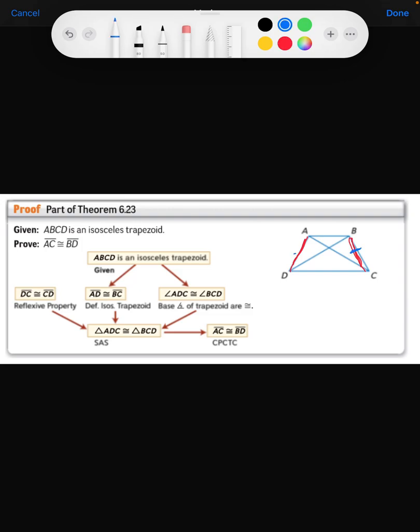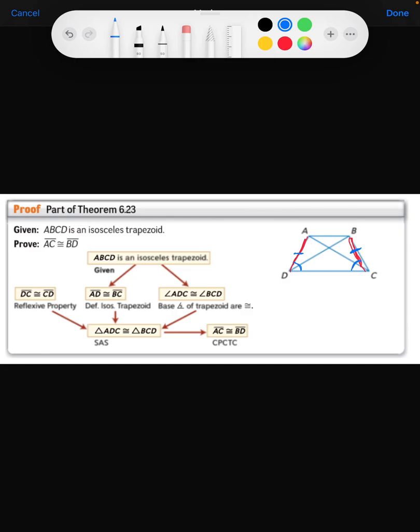And then we know that angle ADC equals angle BCD. Again, that's our definition of isosceles trapezoid. So base angles are equal, and AD and BC are equal.